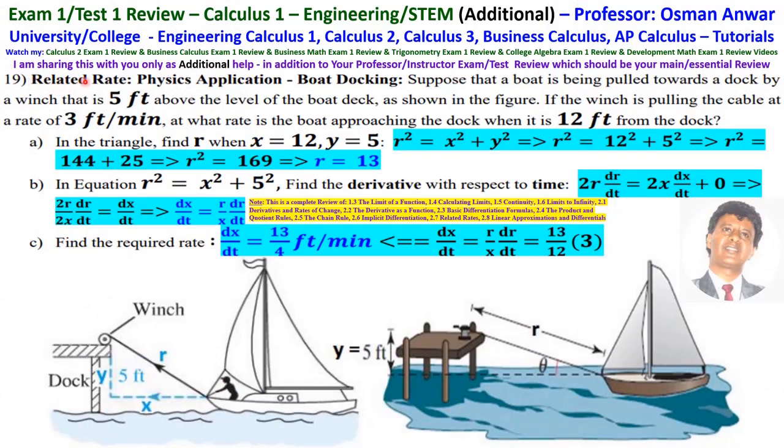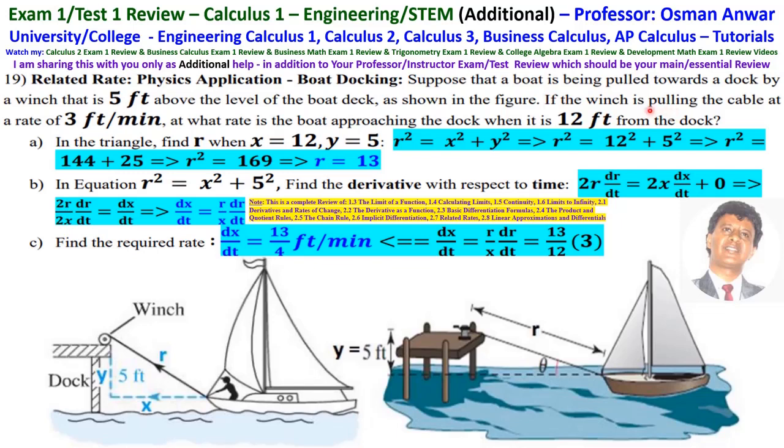Number 19 is related rate, physics application, boat docking. Suppose that a boat is being pulled towards a dock by a winch that is 5 feet above the level of the boat deck as shown in figure. Okay, so this is constant then, 5.